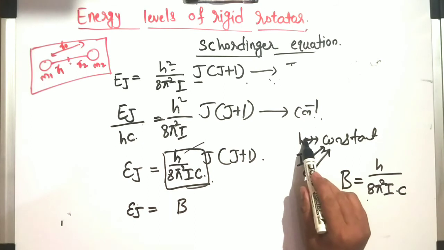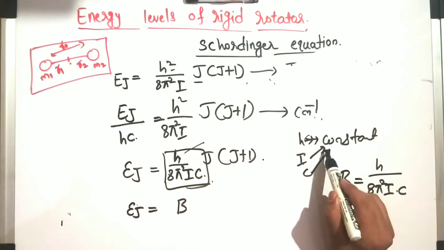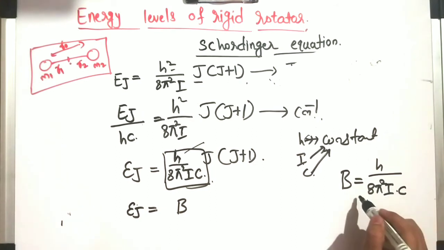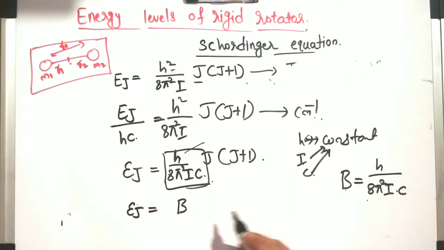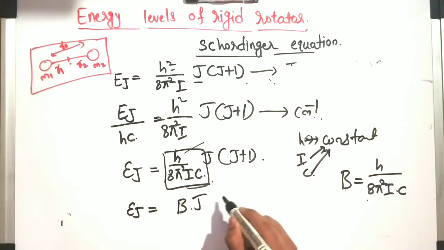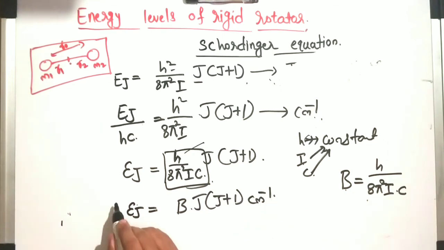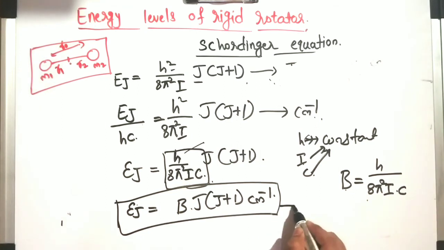Because h, I and c all have constant values, so we consider the whole term as B. So epsilon_J equals B into J of J plus 1 in centimeter inverse. Understood? This is the energy levels equation, known as the energy levels of the rigid rotator.